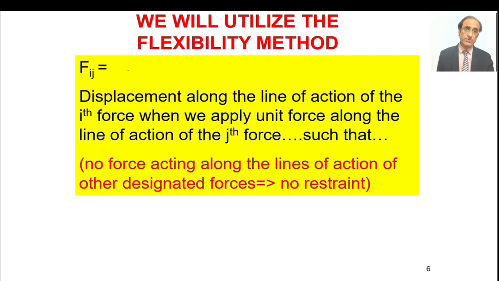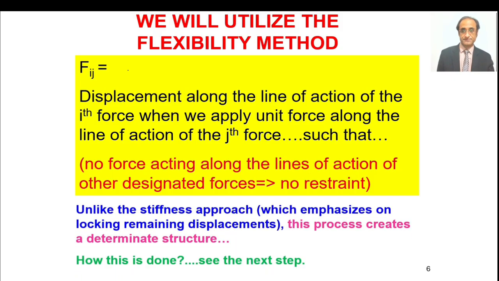So what is the advantage? Because here there is no other restraint, the member is basically a simple determinate structure, so it is easy to solve, at least in a manner such that we can apply the principle of virtual work.